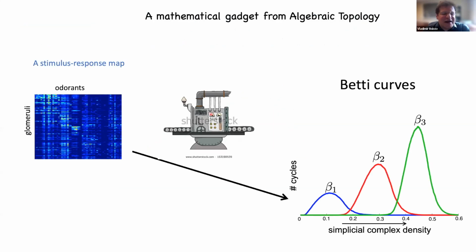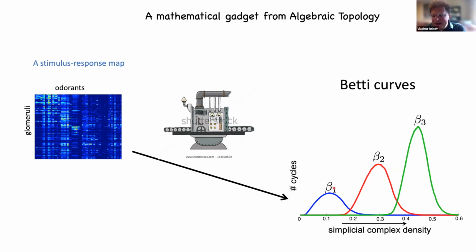It relies on some machinery of algebraic topology, which I'm not going to do any justice due to time constraints, even though I can point you to a manuscript where it is described. But let me quickly explain the idea. One starts with this matrix and produces so-called Betti curves, which is some topological summary of a profile of the space in each dimension.